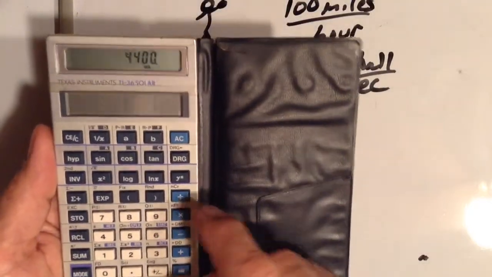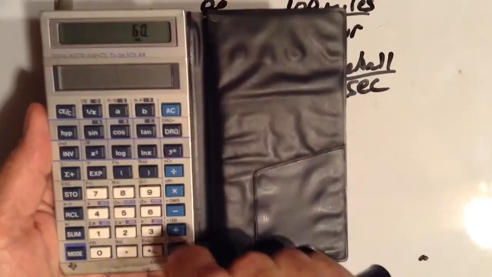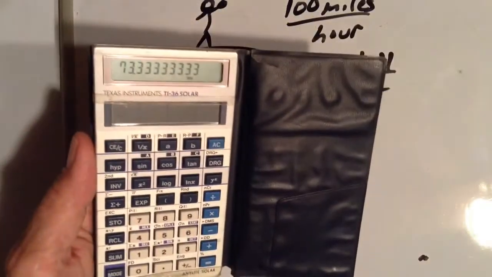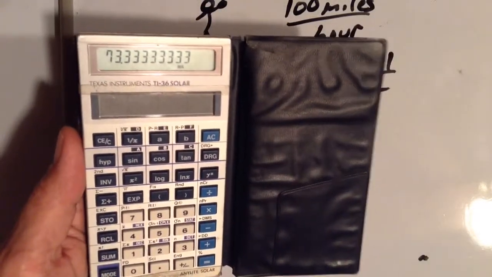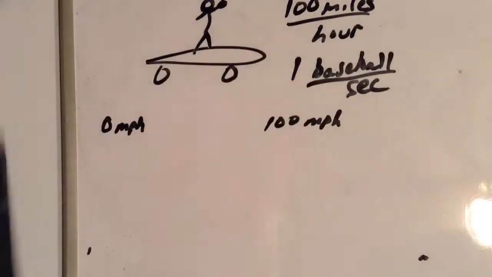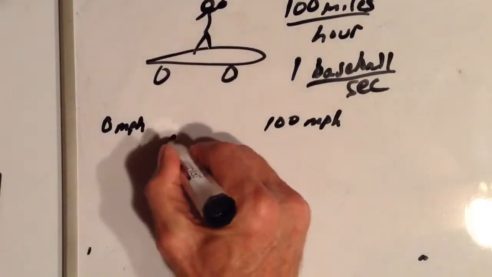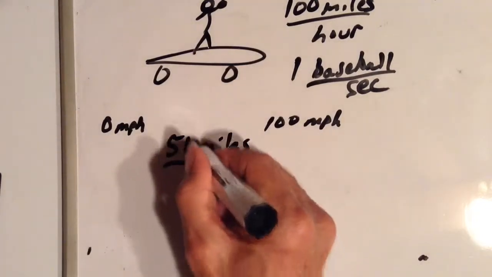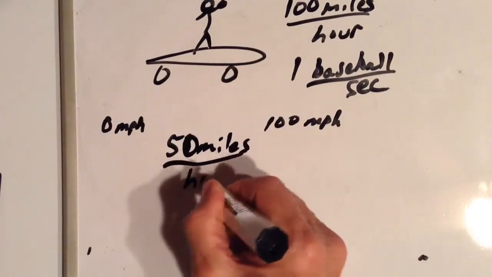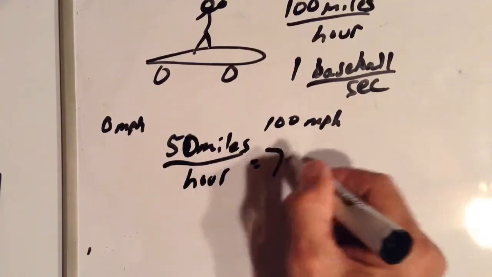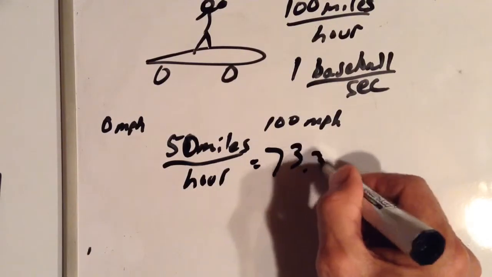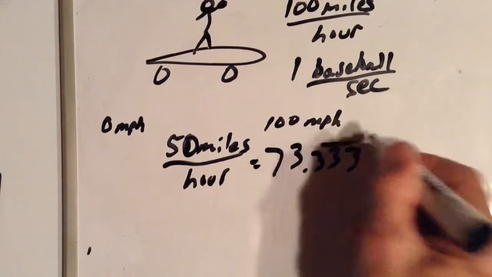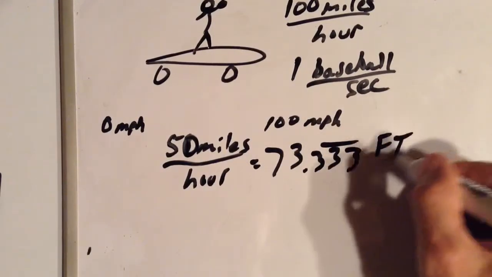And there's 60 seconds per minute, so divided by 60 again equals 73.333333. In other words, 73 and a third. 50 miles per hour equals 73 and a third feet per second.